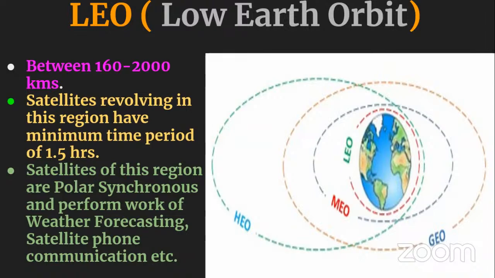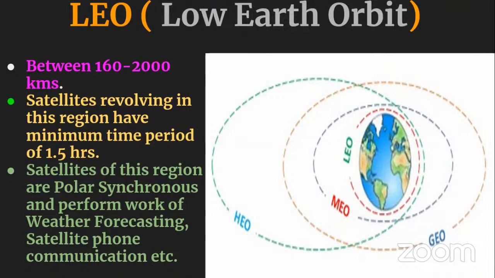So what are the uses of the satellites which are in the low Earth orbit? The very first thing to understand is that the ones in the low Earth orbit are always polar synchronous, which means they will be near the Earth, which we saw in the animation, and they will be revolving at a very high speed.